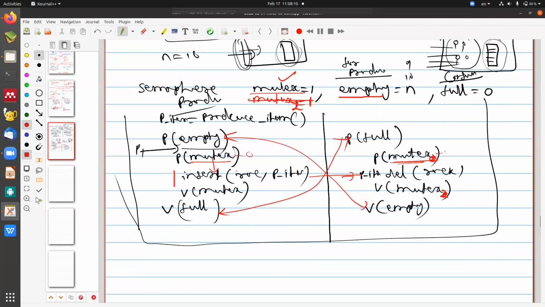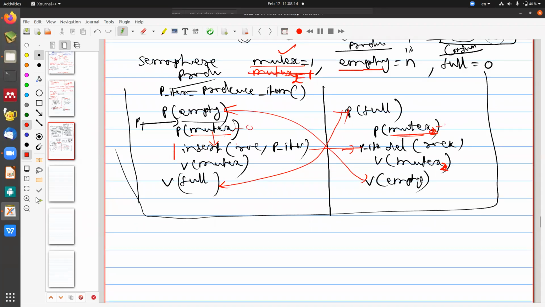Sometimes the question comes, can you write it with respect to an array? So let's take an array whose size is 0 to 9, where n is basically 10, and gradually the items will be put here, here, here, and in the same manner the items will be consumed first, second, third, fourth, like this.